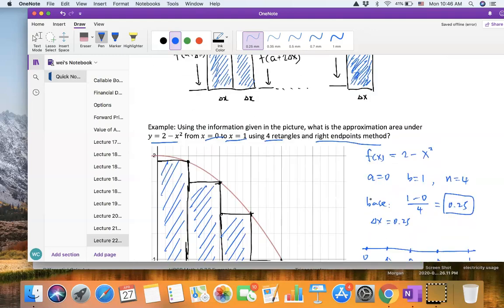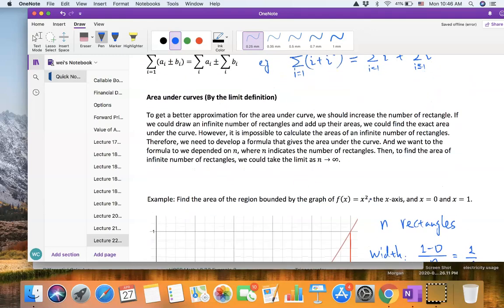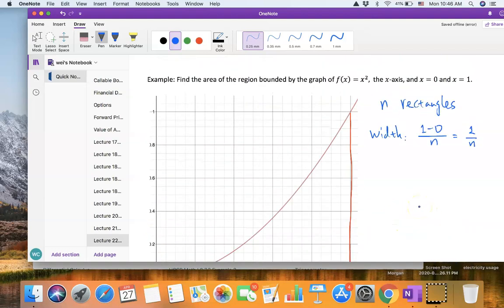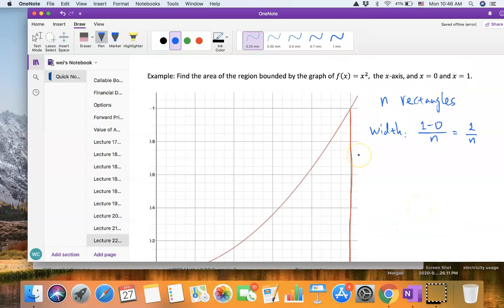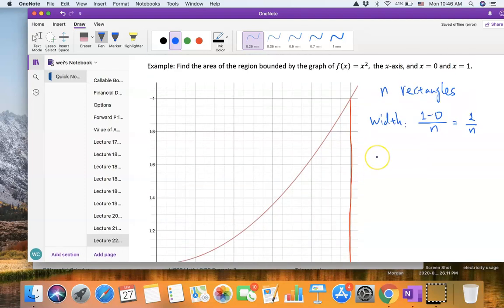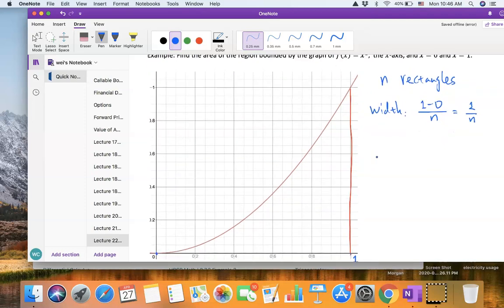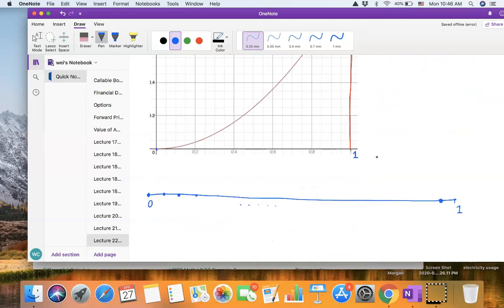Once we decide which method we want to use, we're going to use that method for every rectangle. So here, let's say I want to use the right endpoints method to determine the height. So for the height of the first rectangle, I'm going to use the function value at this point.